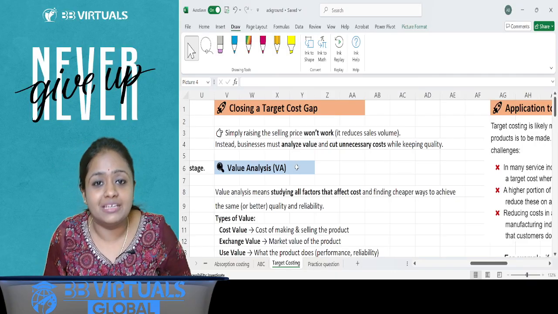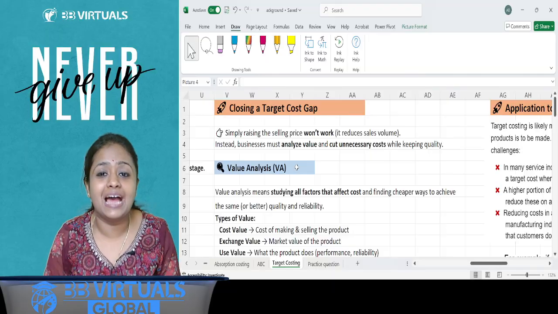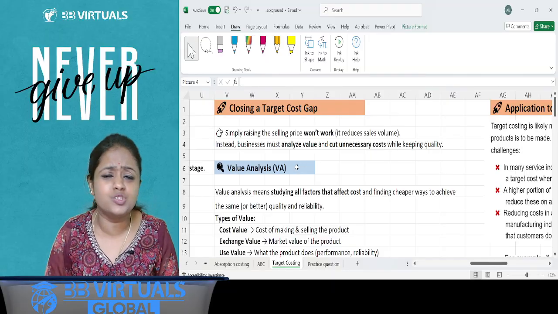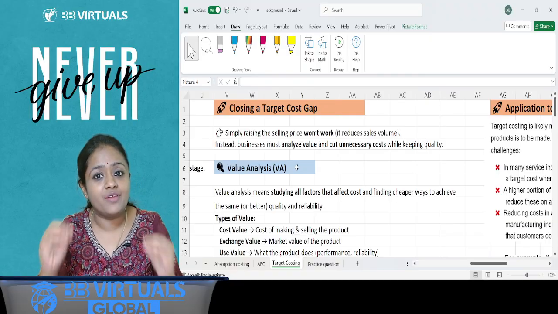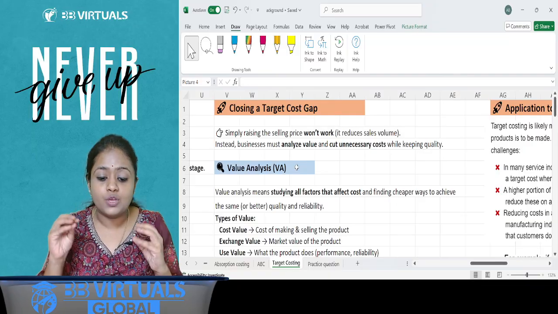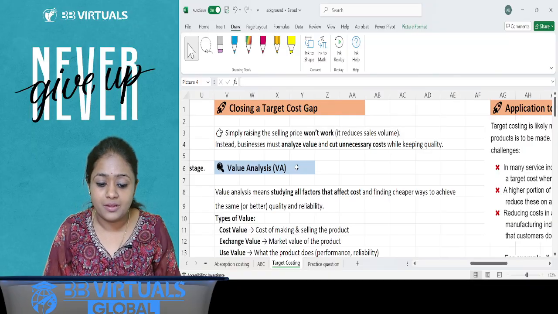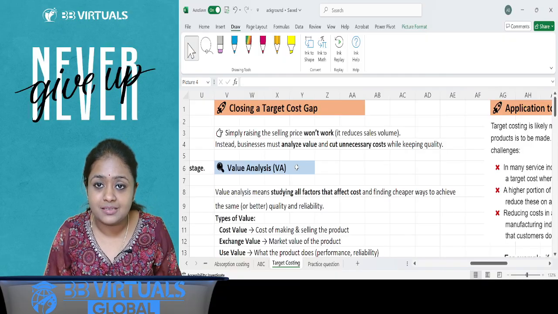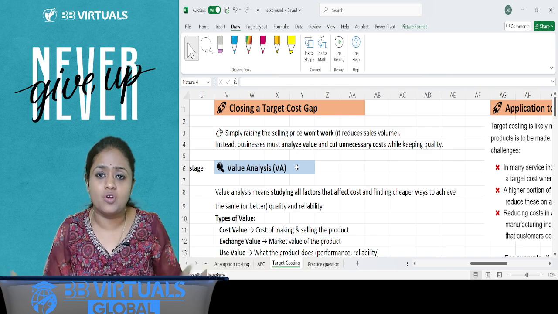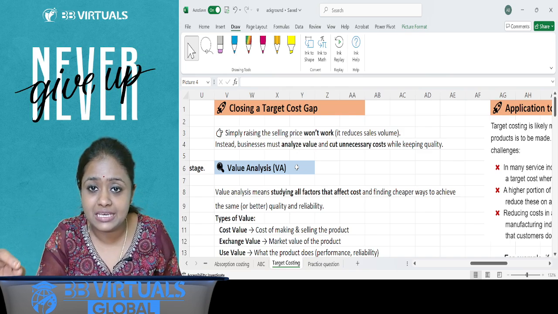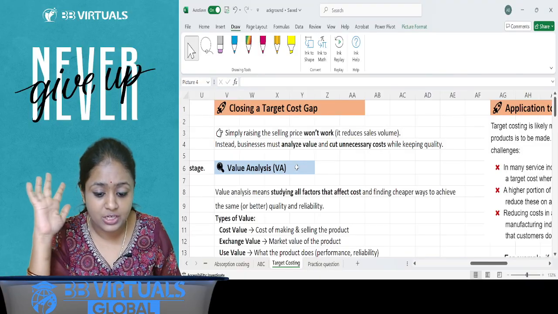Now we have other pointers like value analysis, very important. They look so technical, no? I'm telling you, they are not technical. They are very comfortable topics. So value analysis means you study all the cost, and then you see the value that can be assigned to it.